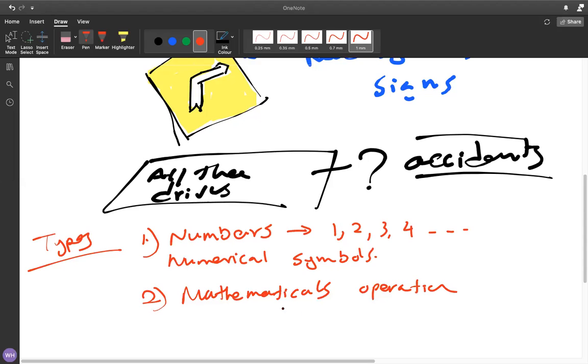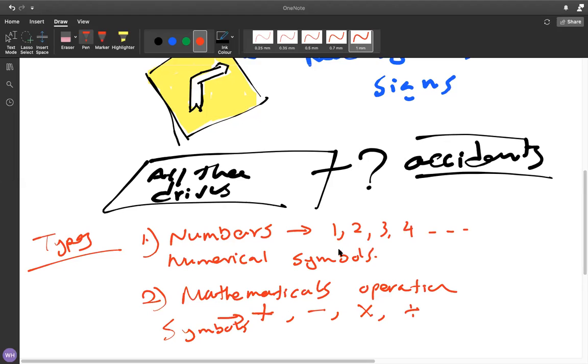Addition, subtraction. Yes. For addition, we use something like this. For subtraction, we use this. For multiplication, we use this, and for division, we use a symbol like this. All these are symbols, right? We use these symbols to make our learning easy and to simplify the things that we do in our day-to-day work. That's why we use symbols.